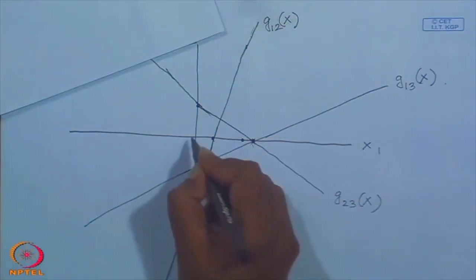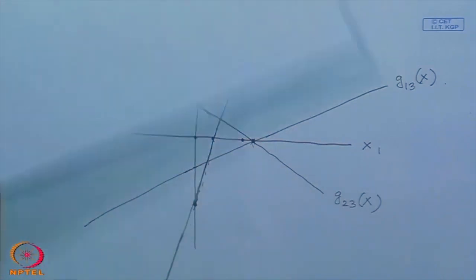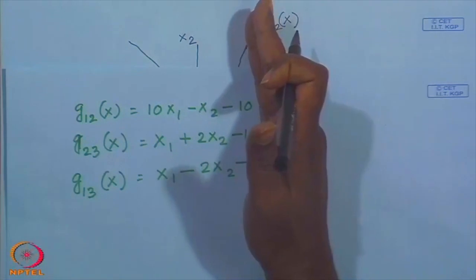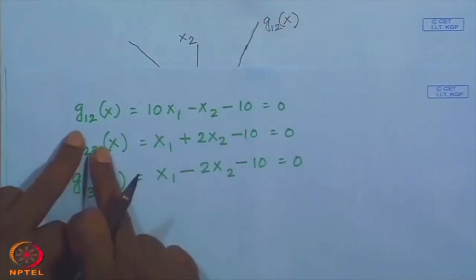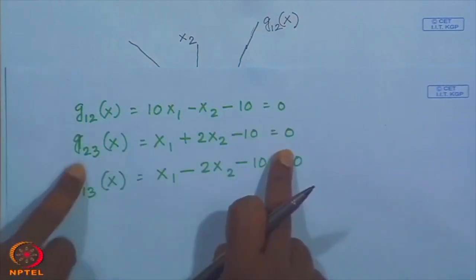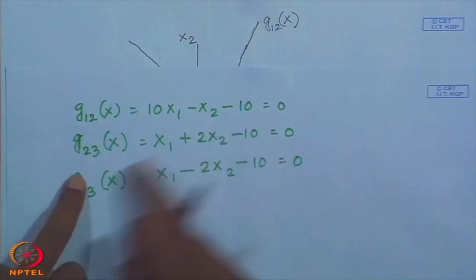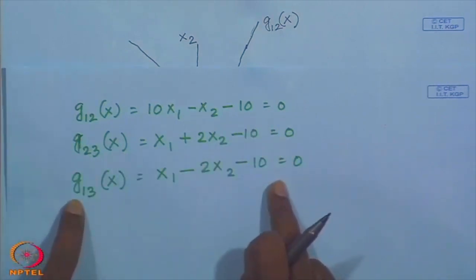So, now let us put the point 0, 0 on each of these discriminating functions. So, for 0, 0 you find that g12x will be negative, g23x will be negative, and g13x will also be negative.